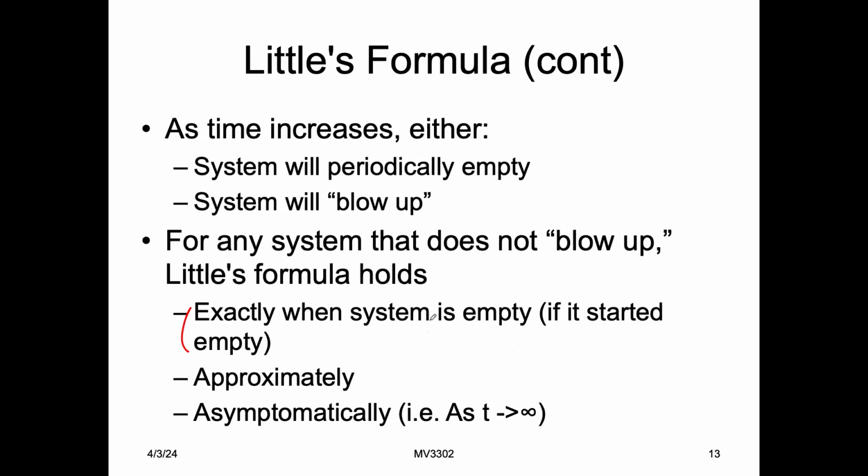In other words, it may not be exactly true, but it can be approximately true. So if you know the arrival rate, which you can get just by counting, and you know these time averages, and you want the tally averages, you don't have to compute the tally. You can compute them by using Little's formula.